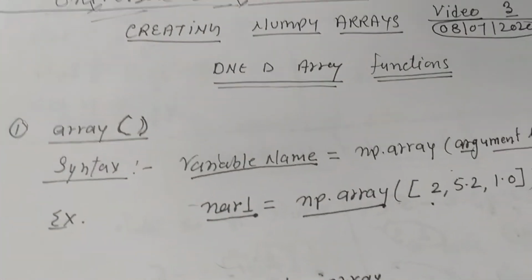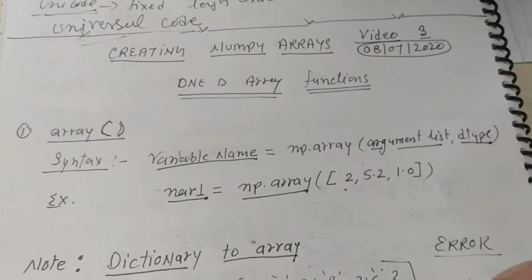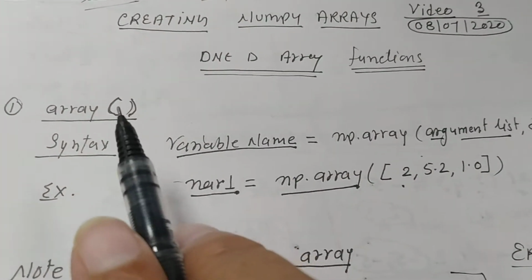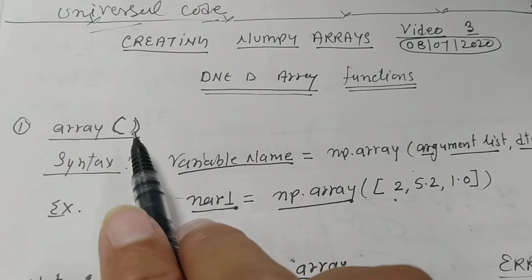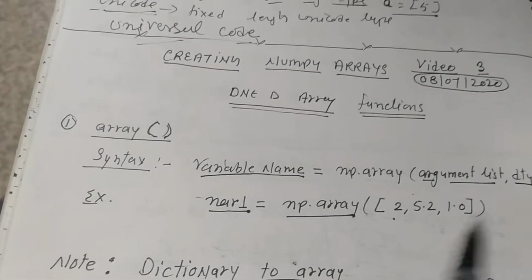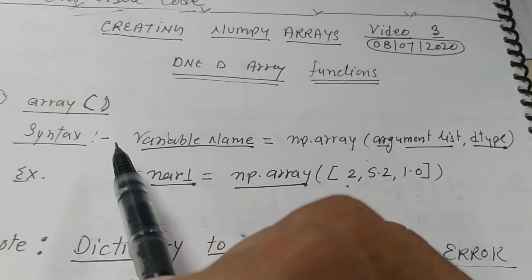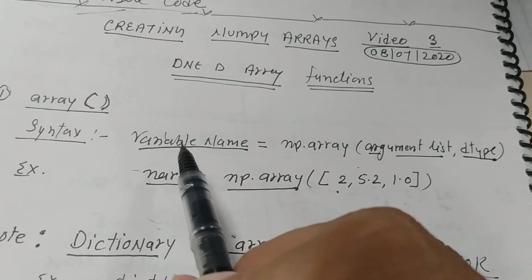In the 1D array we have a lot of functions, and out of these the first function is the array function. Which function? The array function, ARRAY. First we will discuss its syntax. Syntax means the basic structure, how we will use it.